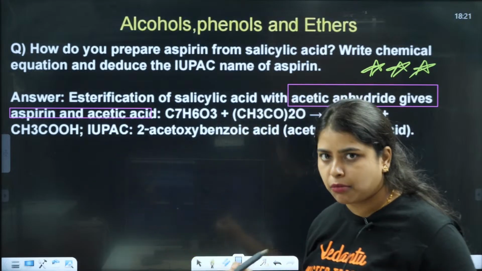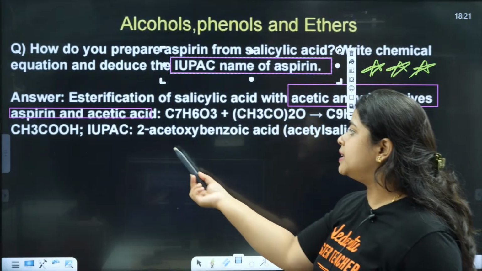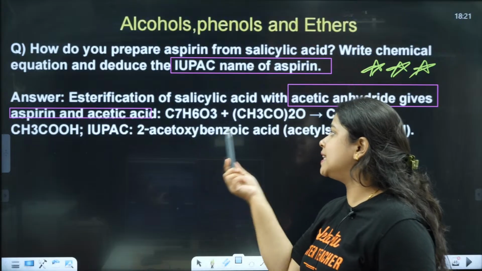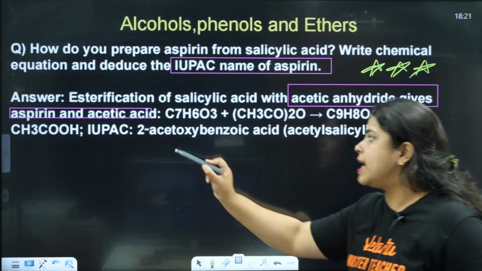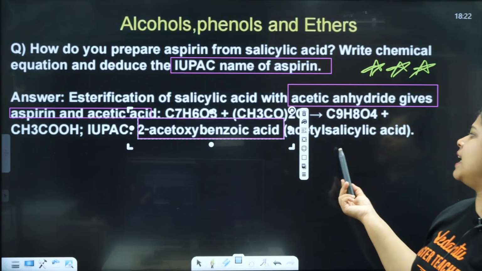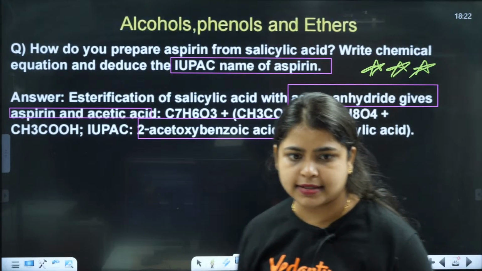The IUPAC name is also asked in the question. You can just observe here: the IUPAC name of aspirin is 2-acetoxybenzoic acid. That is also called acetyl salicylic acid.